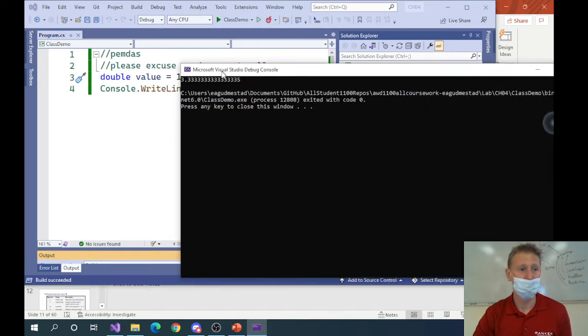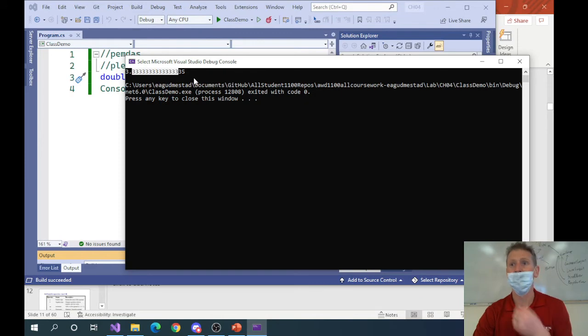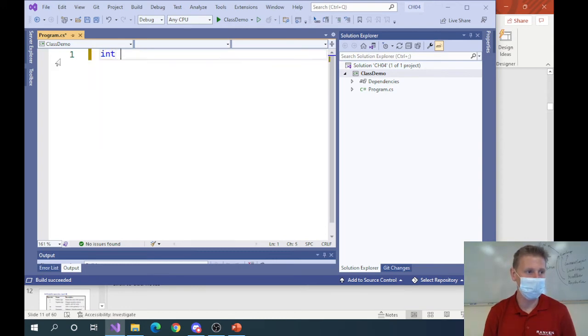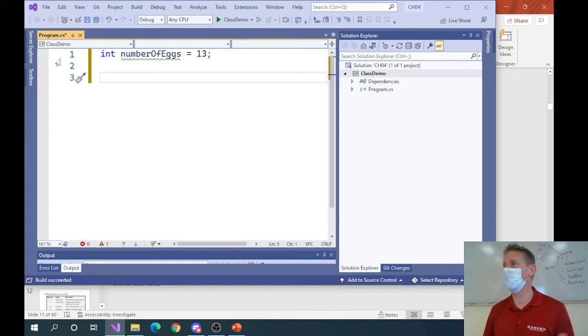So the question is, do you want to lose the decimal? There was a problem several of you were doing, which was like saying int number of eggs is 13, and you were trying to figure out how many dozens there were.